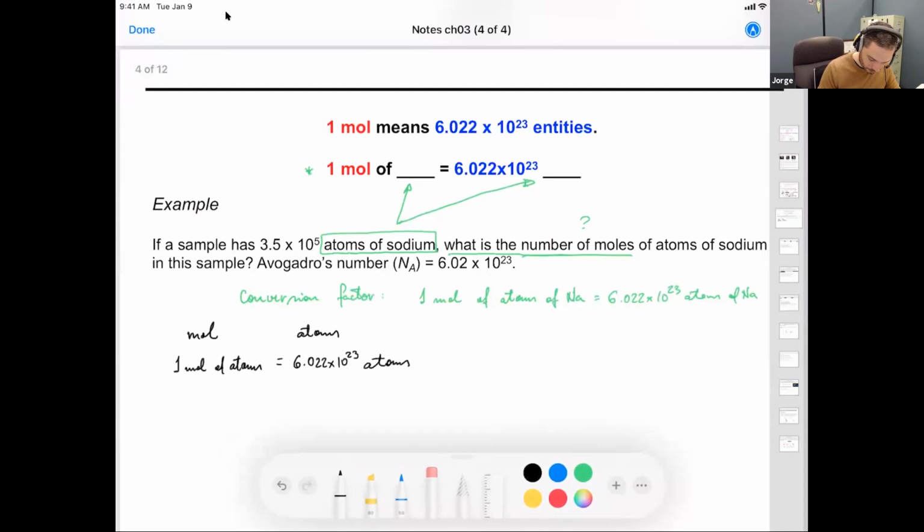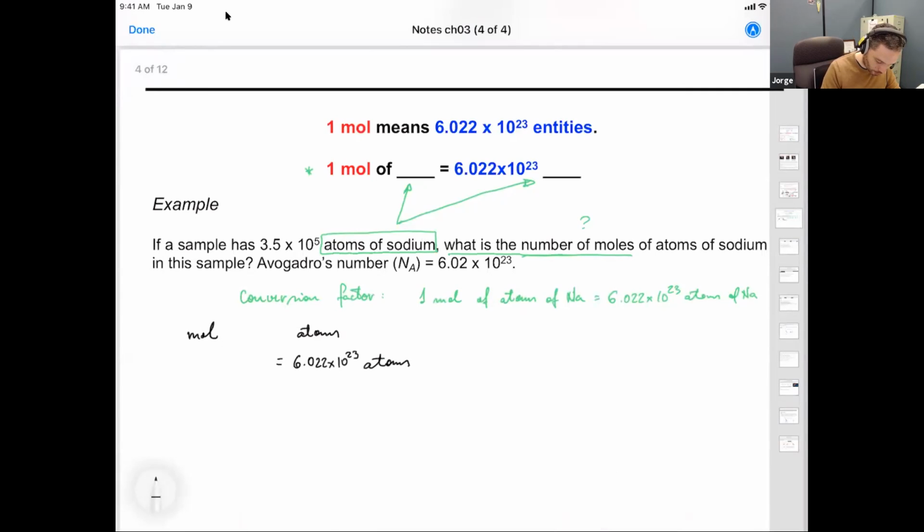Okay, so let me write this in another way. I'm going to just write 1 mole here to make it simpler. So again, the first line always comes from the conversion factor. Now we are going to divide both sides.